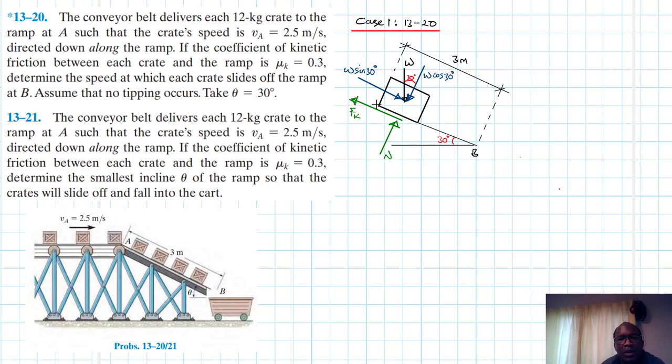Then here our V naught is going to be equal to 2.5 meters per second. This we have to take care of. Have to remember this. So now let's write down the equations. We can also write down the kinetic diagram here if you want to, like so.